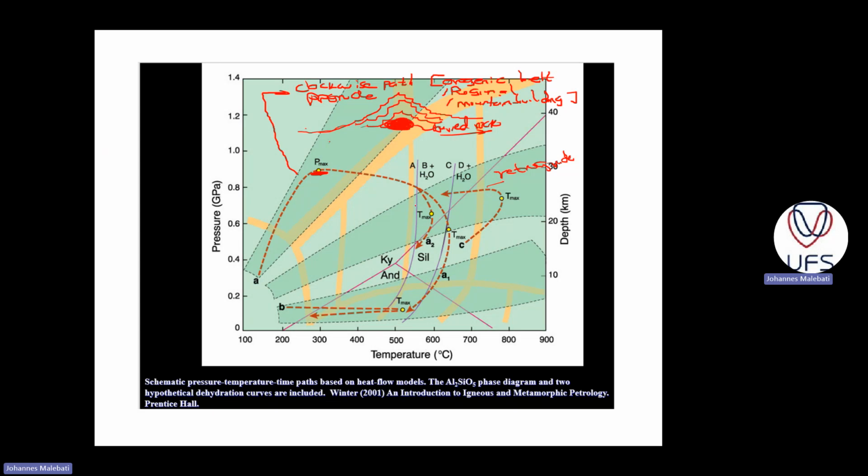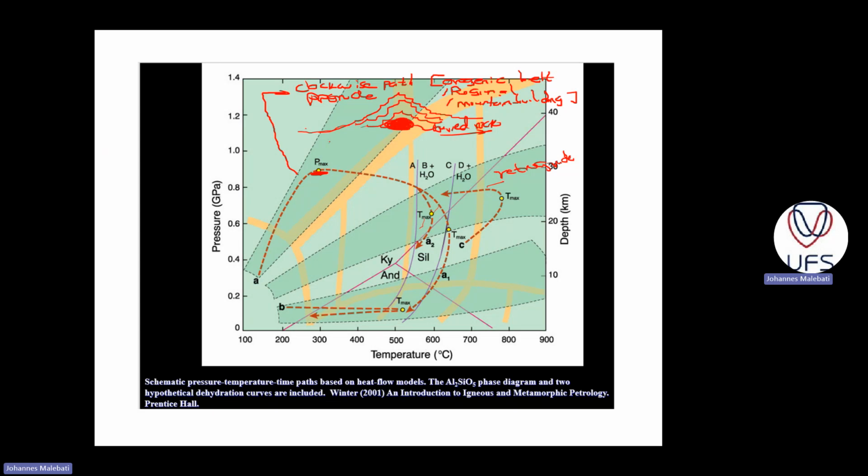Why? Because you are decreasing the pressure. You can see the pressure is decreasing because this path is going a little bit down. Because of the effect of erosion and/or uplifting, the pressure will decrease, but the heat will still be arriving.